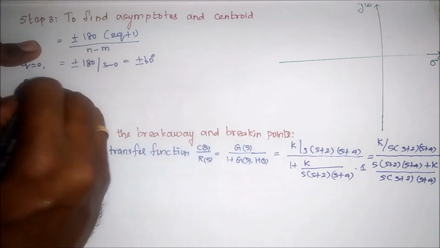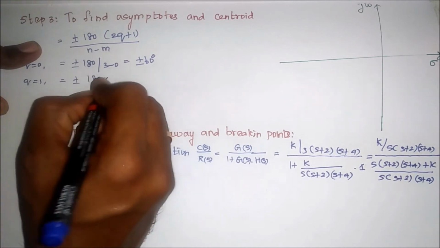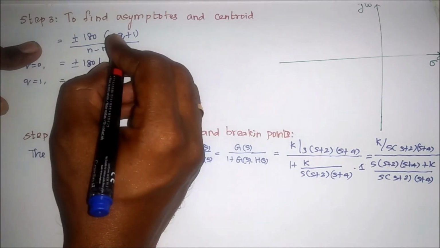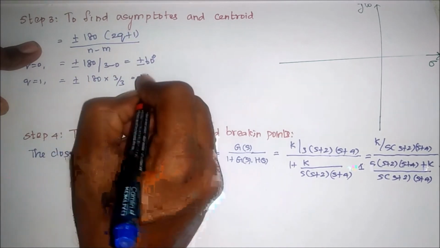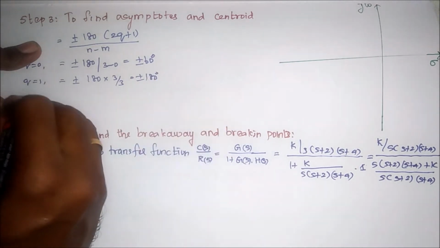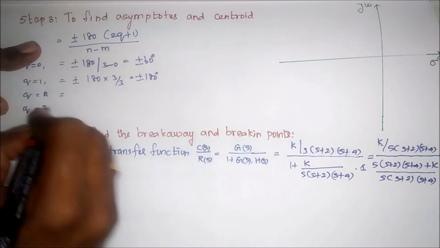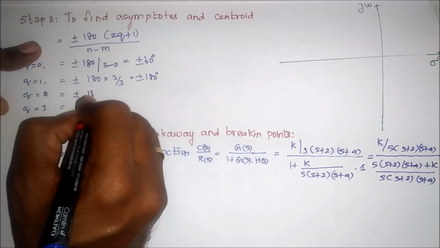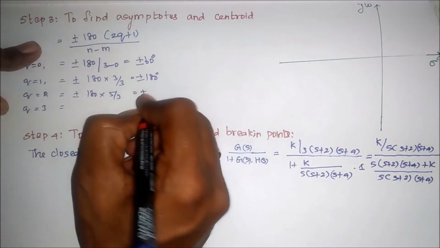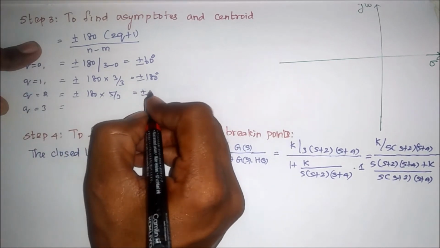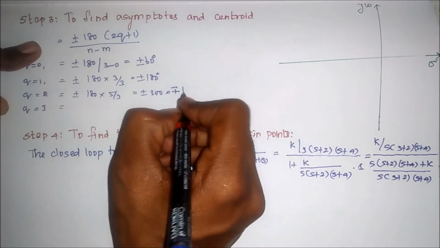Suppose q = 1, we substitute. We get ±180 into (2 plus 1) = 3, divided by 3. So we get ±180 degrees. Now q = 2, we substitute. We get 180 into 5 divided by 3, equal to ±300, which is almost equal to -60 degrees.